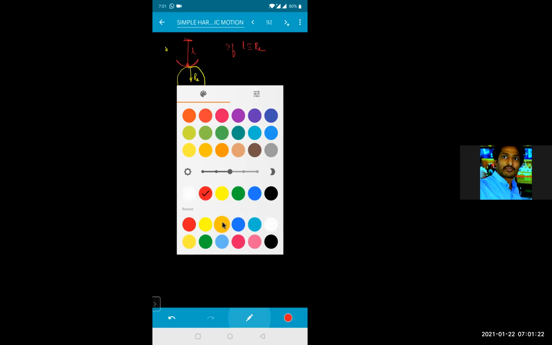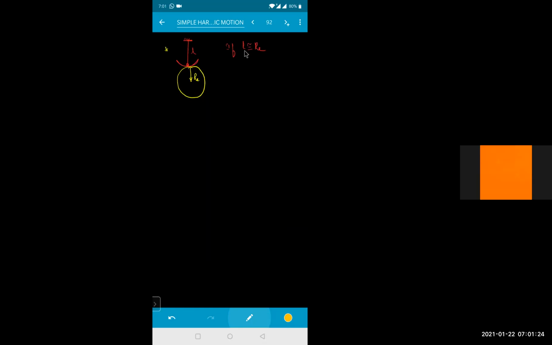Suppose the length of this pendulum is equal to the radius of the earth, that is 6,400 kilometers.